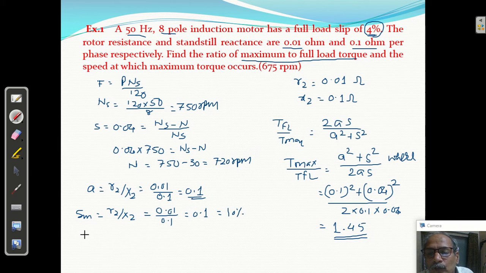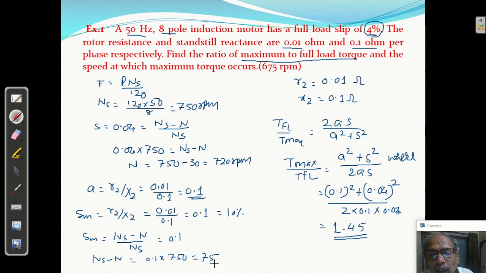So S equal to Sm equal to Ns minus N upon Ns. It is 0.1. So you can calculate N. From here Ns minus N equal to 0.1 into 750 rpm, that is 75.